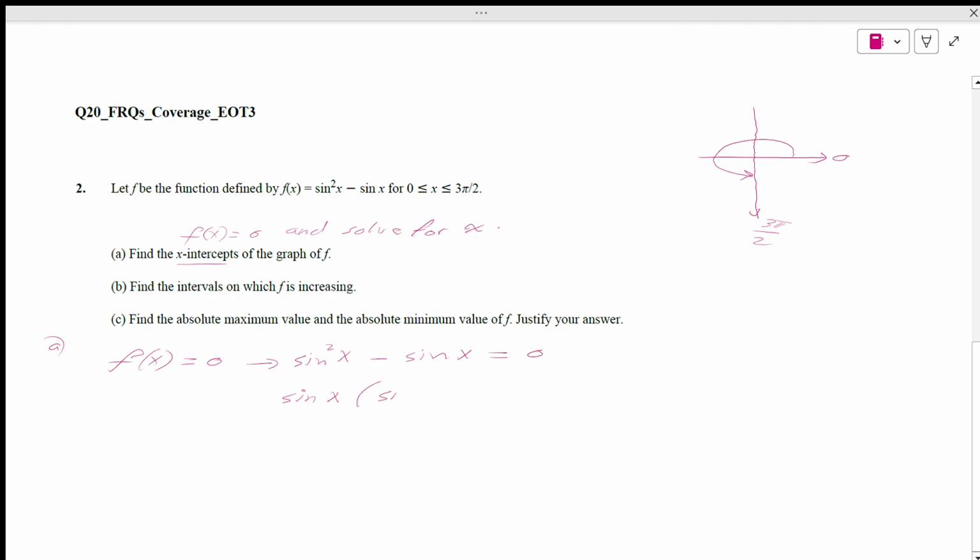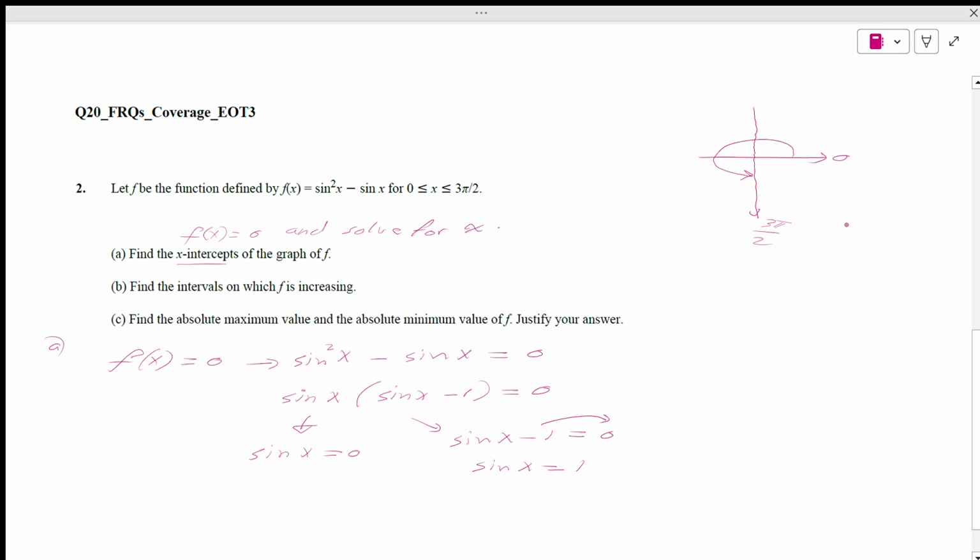That leaves us with sine of x minus 1 equals 0. So two things with a product of 0, that means the first thing is 0, that means sine of x equals 0, or the bracket equals 0. Sine of x minus 1 equals 0. You add 1 to both sides, that means sine of x equals 1.